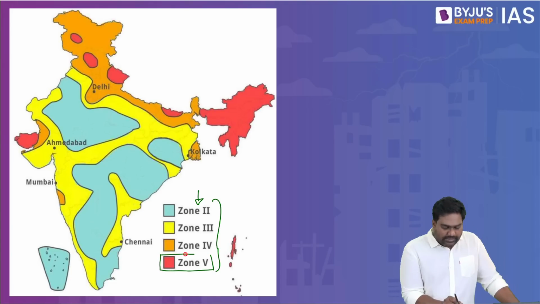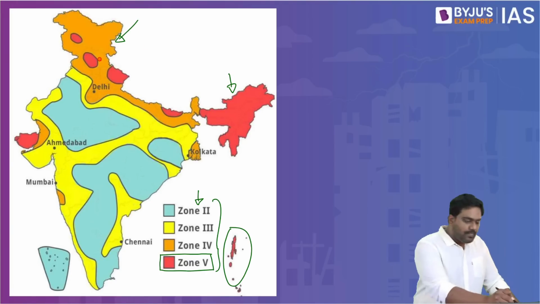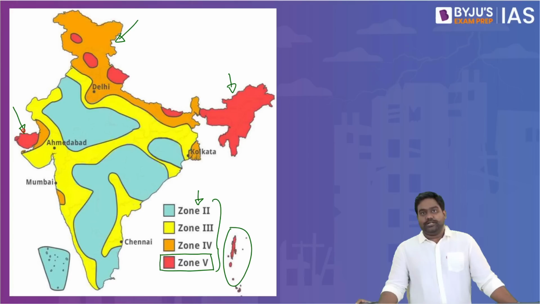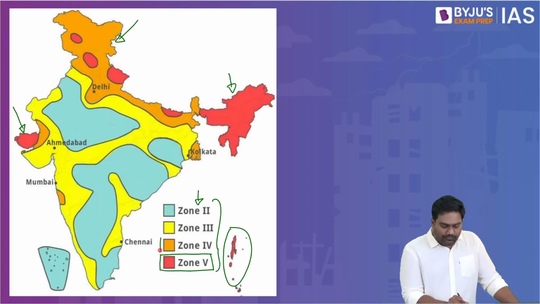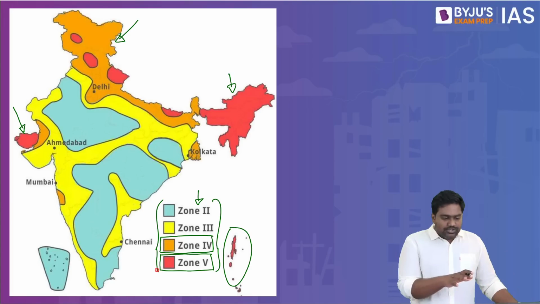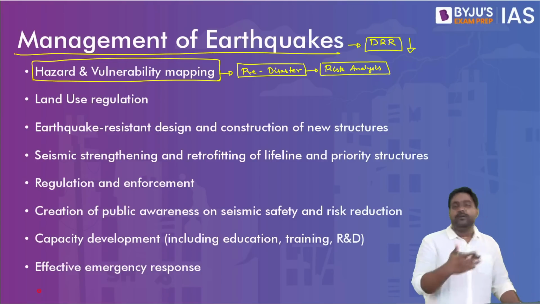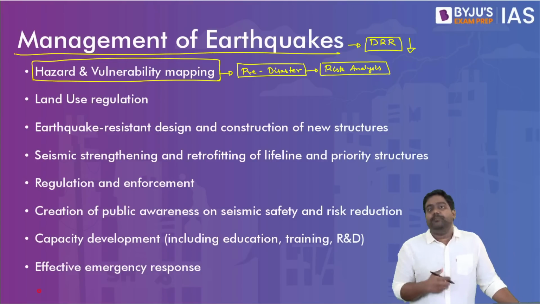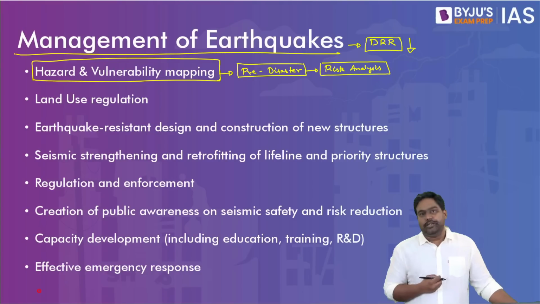We understood that the Andaman Nicobar Islands, northeast of India, the Himalayan belt, and the Kutch region of Gujarat fall under Zone 5 and Zone 4, which carry the highest risk with regard to earthquakes. Correct? So when you assess the risk like this and present it through a hazard vulnerability map, it becomes easier to plan for the disaster and prepare accordingly.